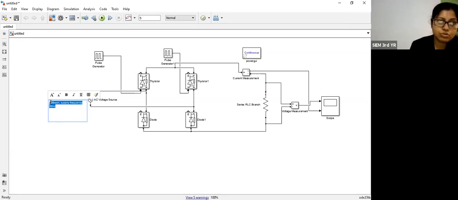Okay, so 220 volt 50 hertz. This is the source specification.